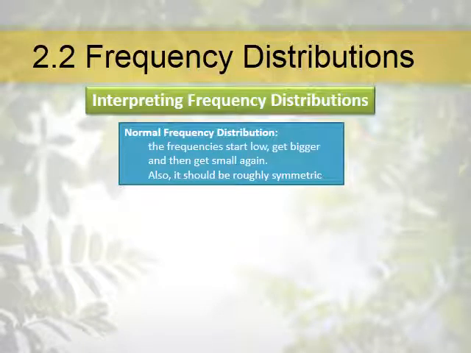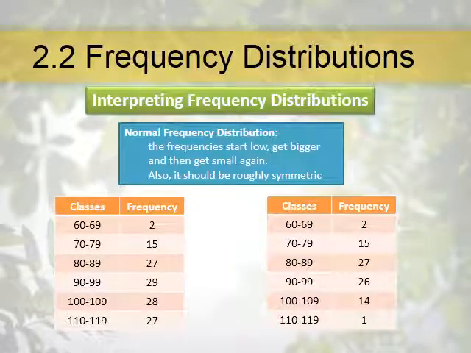A normal frequency distribution is one where the frequencies start low, they get bigger, and then they get small again. Also, they are roughly symmetric. So if we look at this frequency distribution, we start low, we get bigger to 29, and then we start going low again.